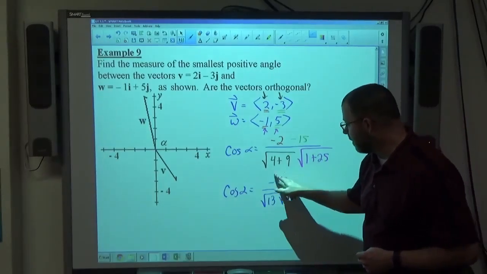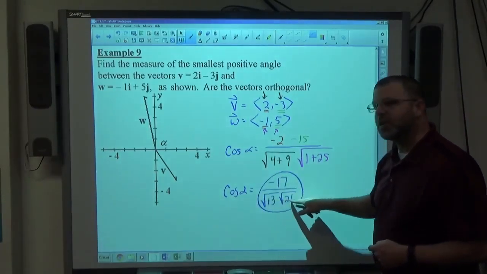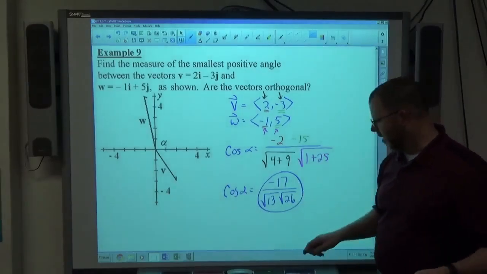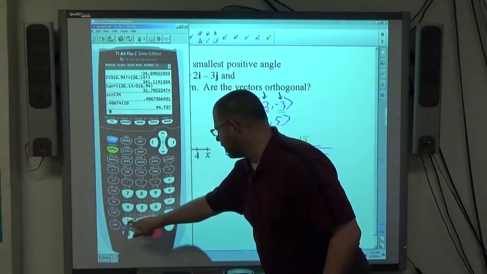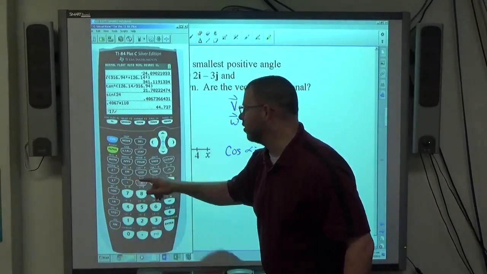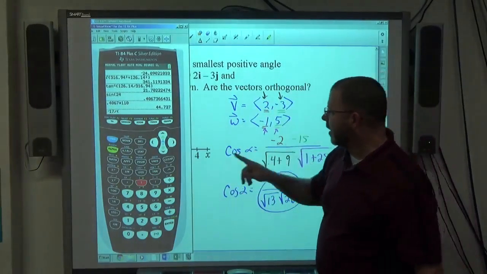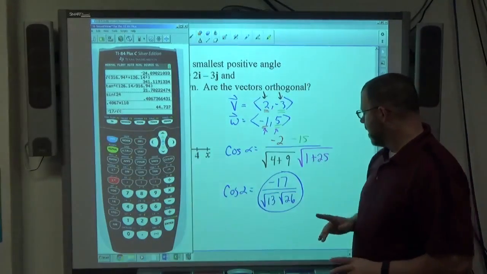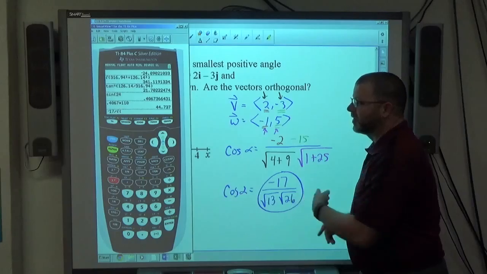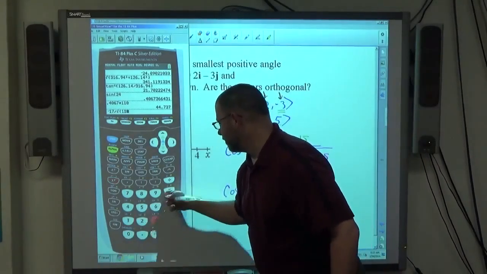So what I want to do is type this expression in my calculator. There's always going to be a product in the bottom, so be careful that it's typed in properly. So when I type it in, negative 17 on top, divided by, I'm going to put a parenthesis for the bottom. In fact, I'm going to do square root. The square root of 13 times the square root of 26 is the same as the square root of 13 times 26.